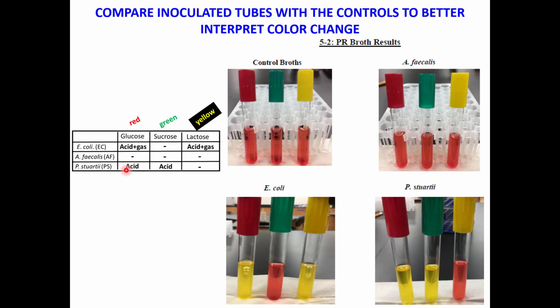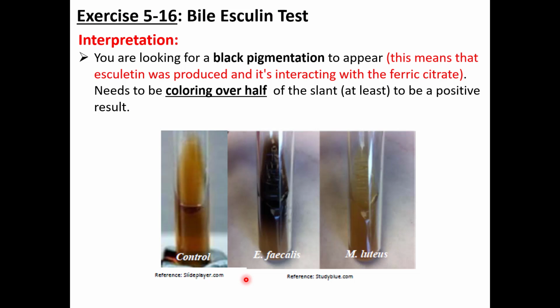And that's how we see just acid here, and there is no difference for lactose compared to the control. Okay, so this would be the interpretation of these results. So for the unknown project, this is what you would look for if you decide to inoculate this medium. You'd see if there is a color change to yellow, and in addition to that, you'd look for bubbles inside of that tube.